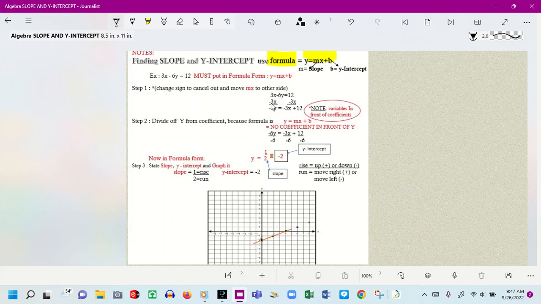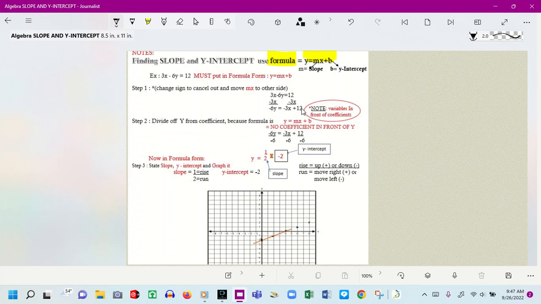So 3x minus 3x is a 0, so we bring down the negative 6y to the equal sign, and negative 3x plus 12. Notice that even though the variable is negative, it still goes in front of the coefficient when you are setting up your next equation. Variables always come before the coefficient when you are setting up your next equations.